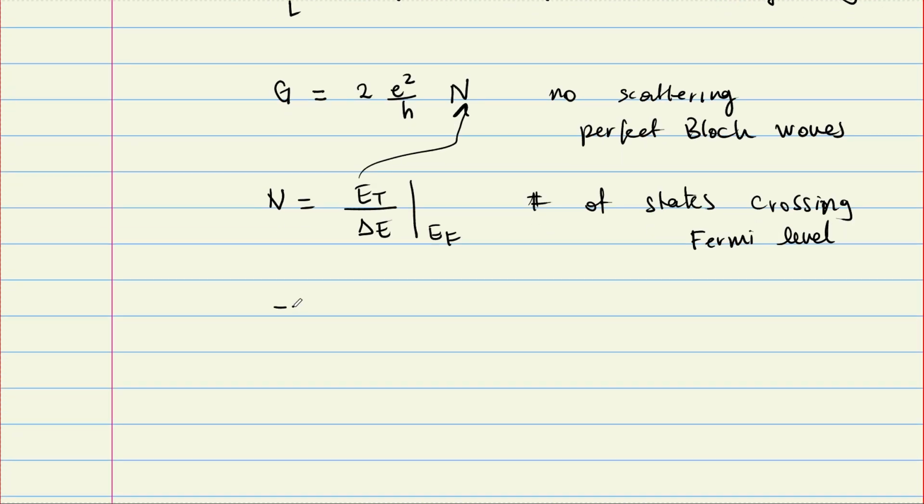So then G of L is going to map to G Thouless, which is a spectral property. Good.